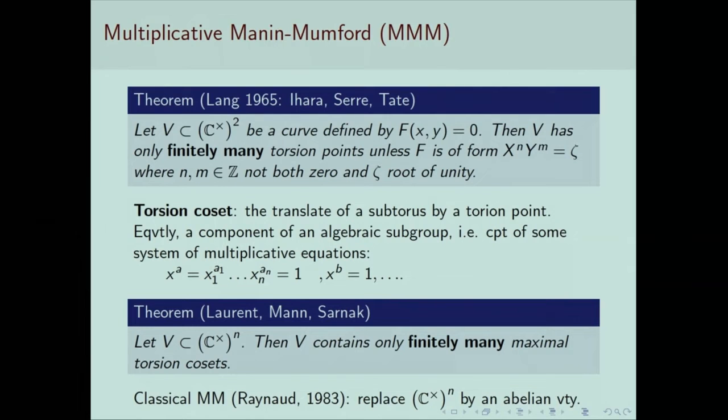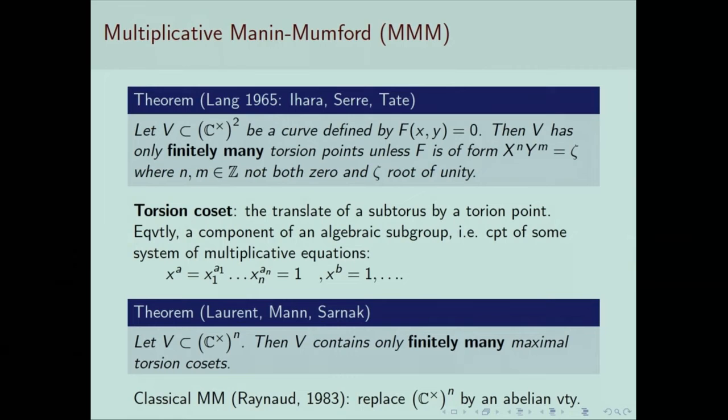So it's a sharp statement. Now, when you move to higher dimensions, so V is now a subset of (C^*)^n, you have a new phenomenon which can happen, which is that your algebraic set V might actually contain positive dimensional subgroups or cosets of subgroups which might contain infinitely many torsion points.